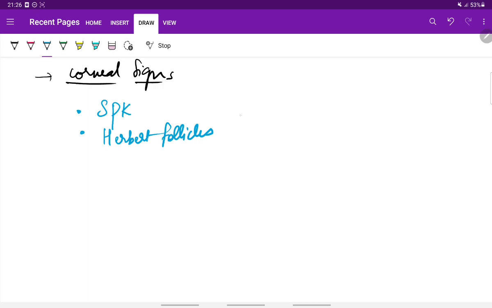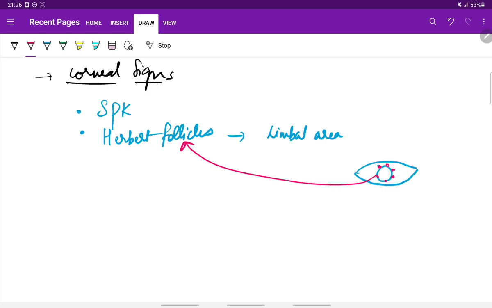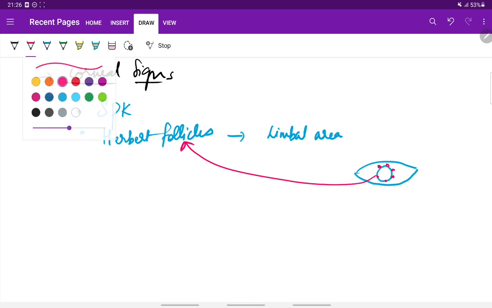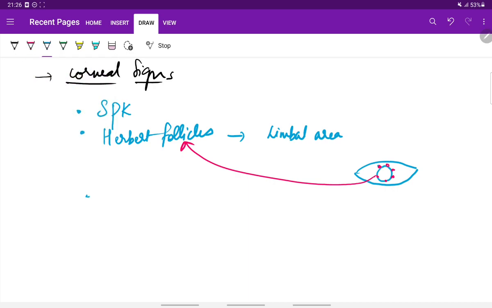These are follicles present in the limbal area. If this is the eye, in the limbal area there is presence of Herbert follicles. These are the Herbert follicles. Next, the important characteristic sign is the progressive pannus.